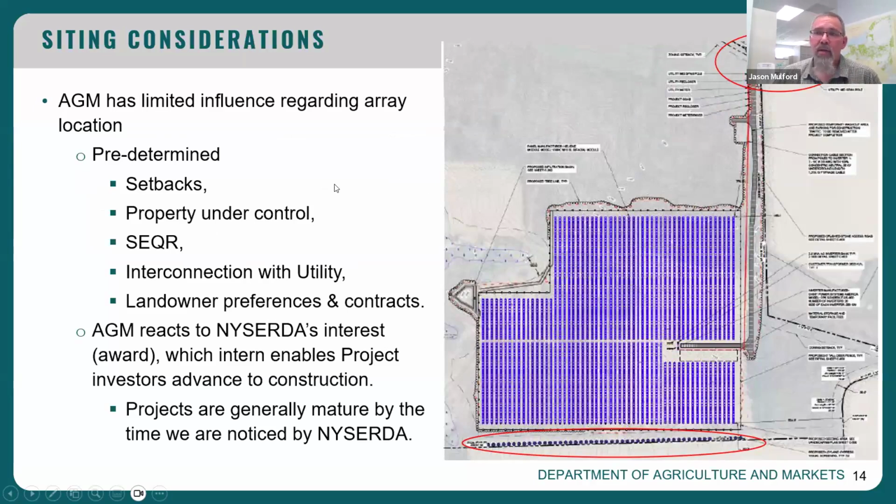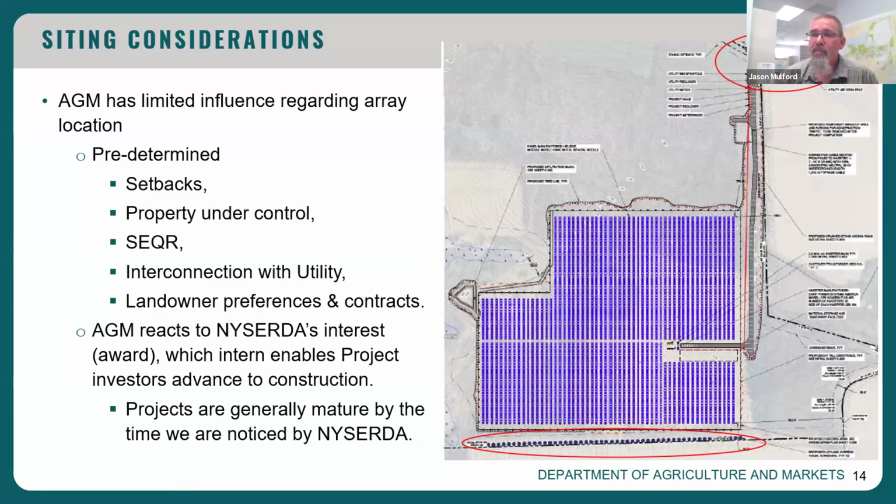Siting considerations, and I'll run through a few site plans that we received recently. But first off, we wanted to say that AGM has really limited influence regarding the array location. That's mainly because a lot is predetermined.